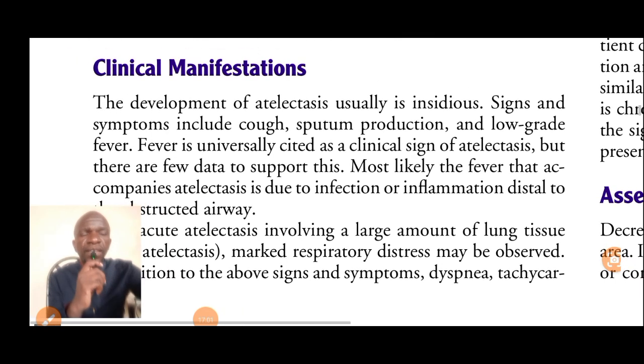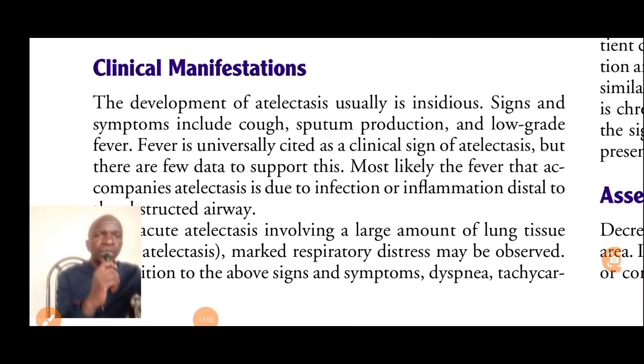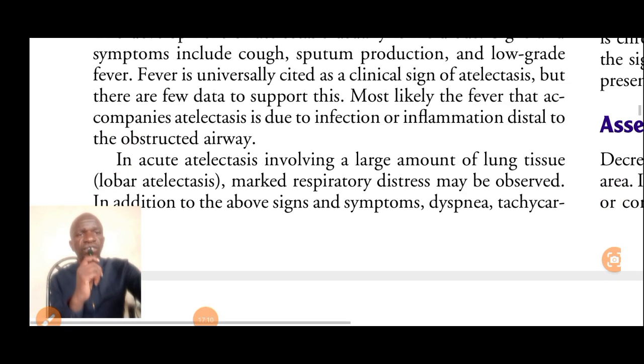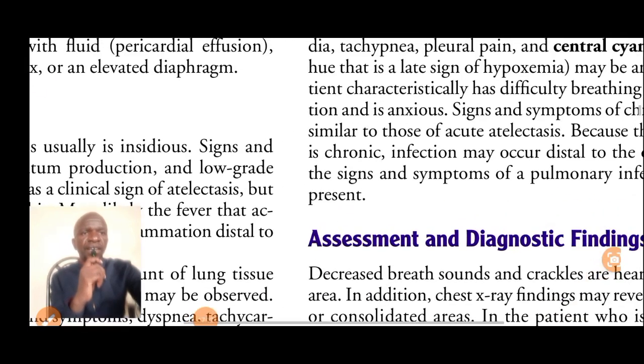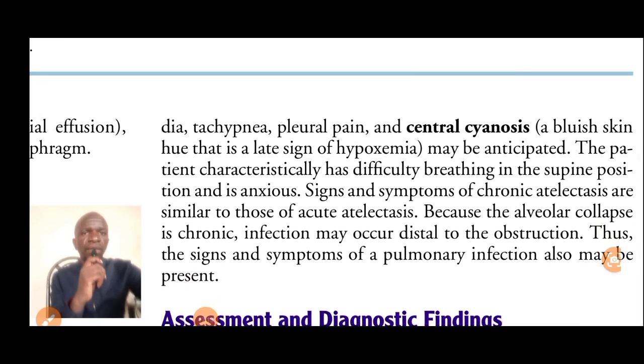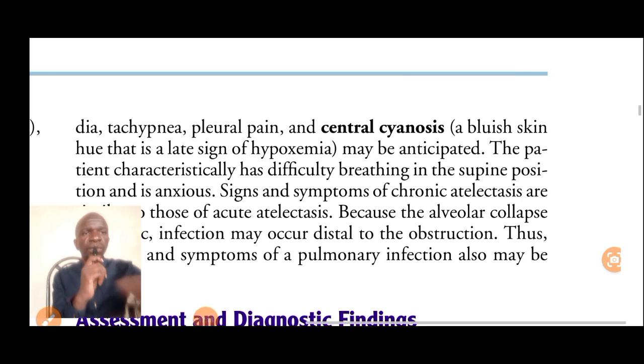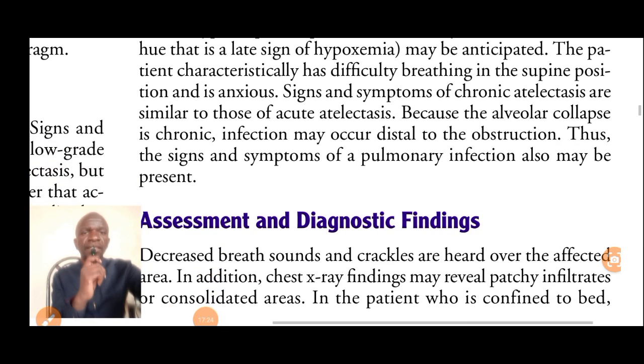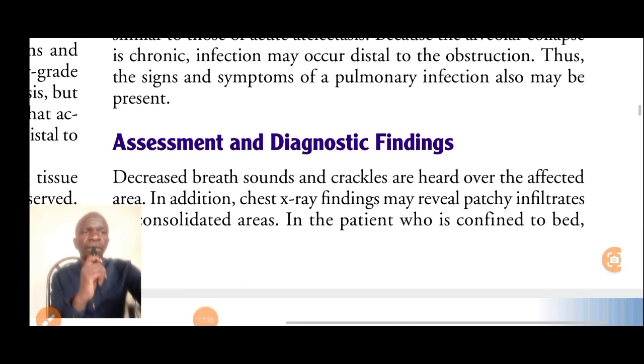So these are some of the clinical manifestations that we have, with sputum production, with low-grade fever, with dyspnea, with tachycardia, among other clinical manifestations, with tachypnea, with pleural pain, with central cyanosis, which is a bluish skin color that is a sign of hypoxemia, right? So these are some of the clinical manifestations that we have.